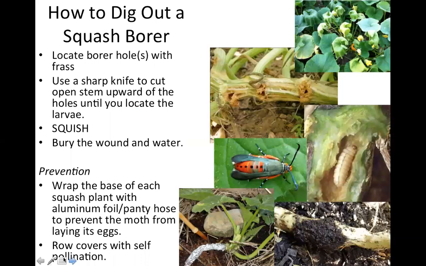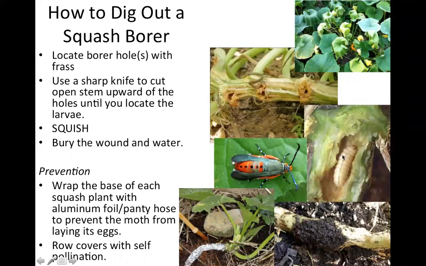So, squash borer, we'll talk a little bit more about that. I already kind of explained it somewhat, but here are some pictures of it. Like you said, if you ever see a big section of your squash all of a sudden look like this, check the base. If there are holes, grab a sharp knife and start doing some surgery.